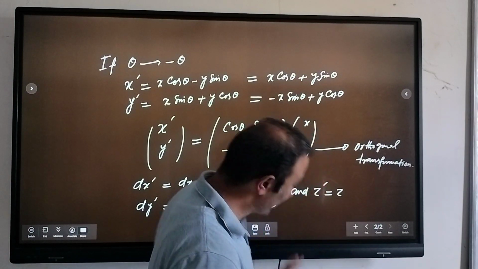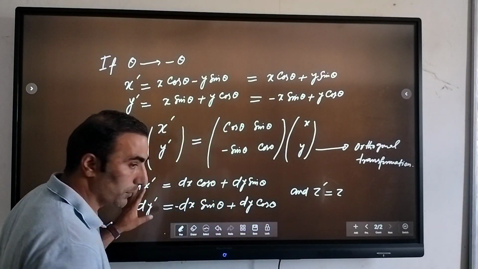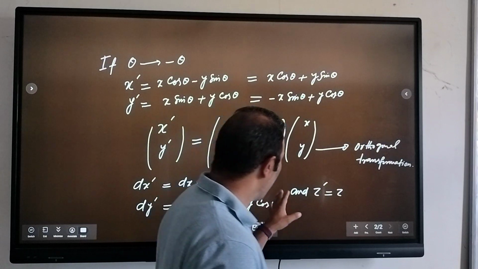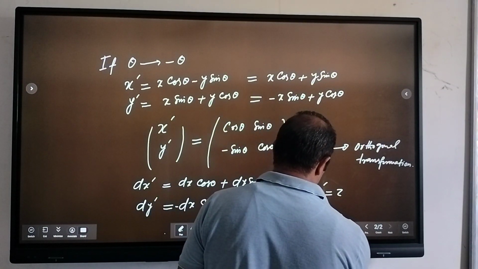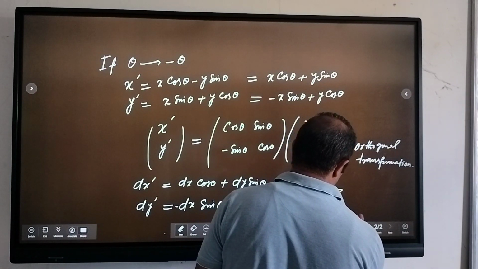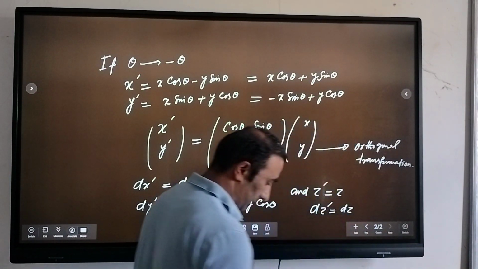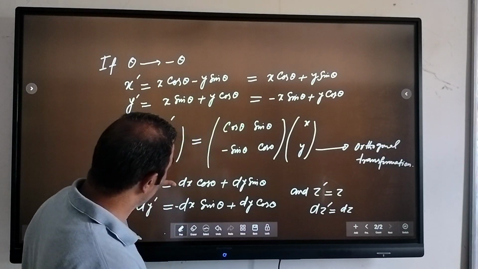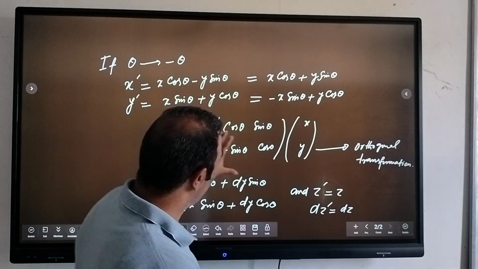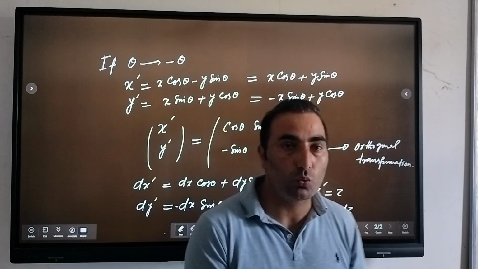Okay, so let us calculate now. We have calculated what is our dx prime, and dy prime will be equal to this, and dz prime will be equal to dz. Here I'm saying that the distance between the two points remains invariant.